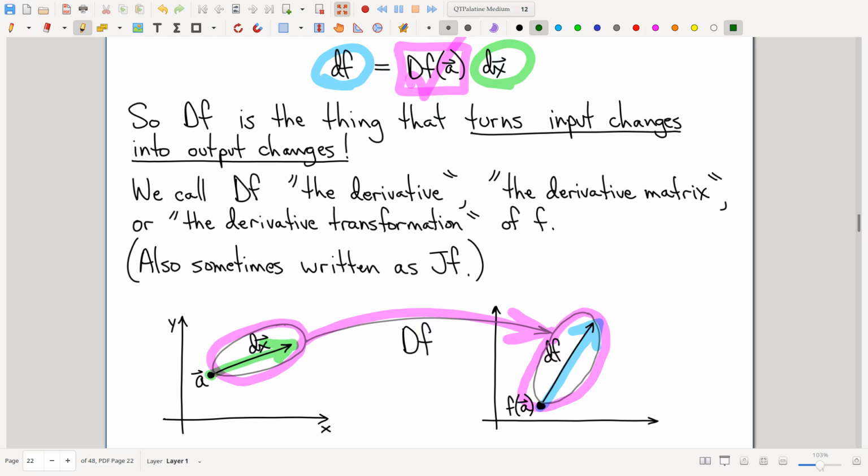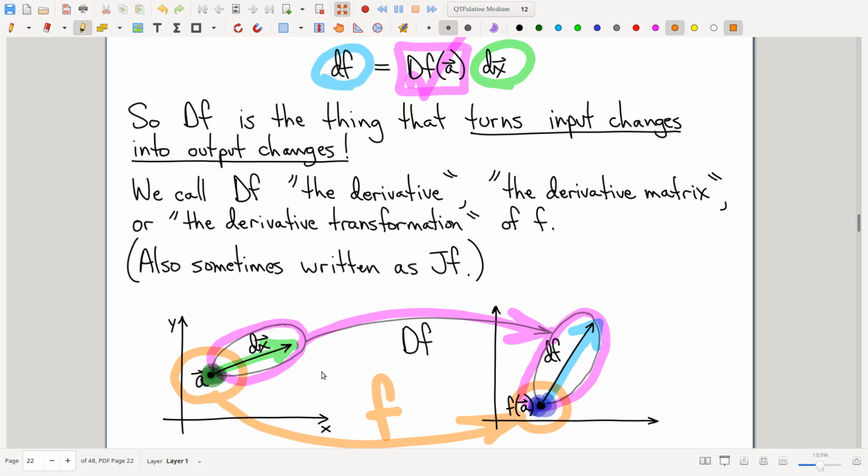The thing that takes A to f of A, that's the function f. F takes points in the domain to points in the target. DF takes differentials in the domain to differentials in the target. Does everybody see that difference?